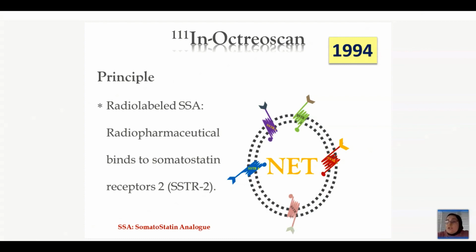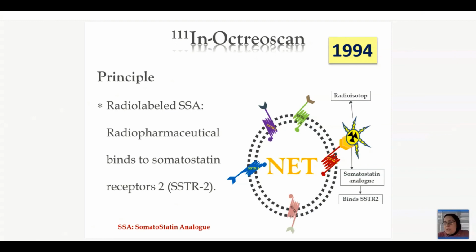If I inject my radiotracer, what will happen? It will bind to that receptor, but this somatostatin analog is carrying radioactive material that I can see with my imaging. Since the development of that radiopharmaceutical, it was revolutionary in our life because finally we have a targeted imaging tracer.